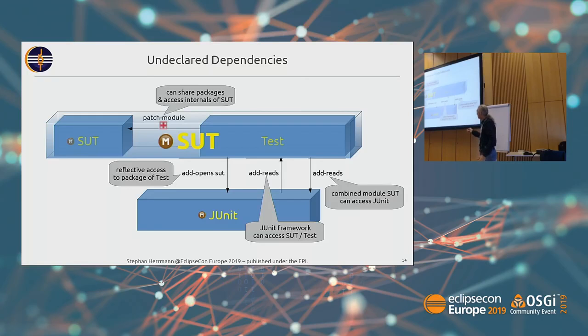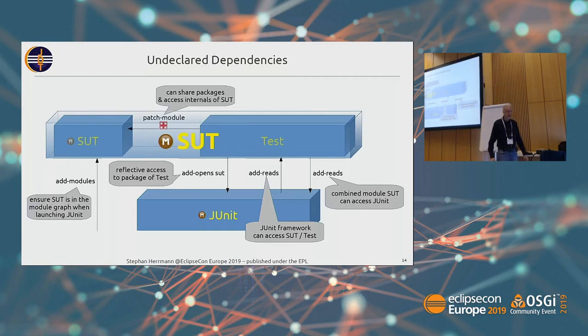Add reads, for reasons which are beyond me, is not considered in this traversal. So SUT is outside the module graph. So we need to add one more tweak and say, please JVM, consider this as one of the modules that is part of this application.